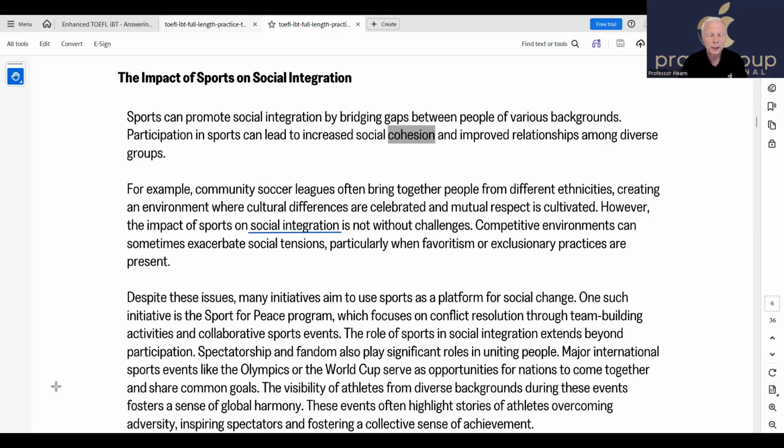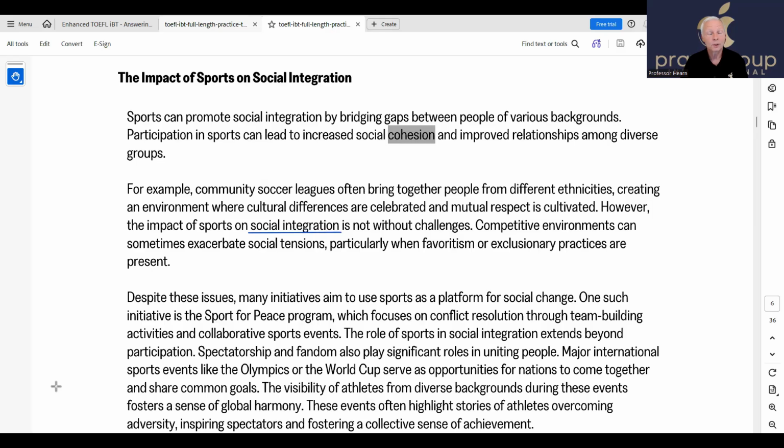Now this sentence by itself does not give us enough information, and so we'll read the related sentence. And the related sentence reads, competitive environments can sometimes exacerbate social tensions, particularly when favoritism or exclusionary practices are present.